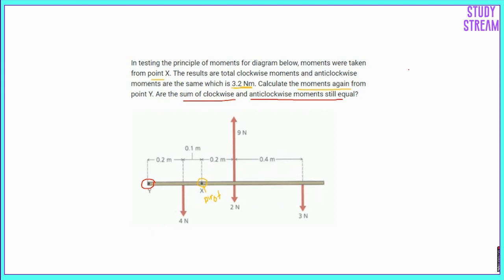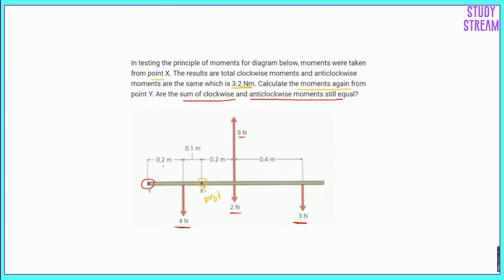We have to calculate the distance from y to the point where it is 3 Newton. Okay, so now which forces do you need when you take moment around y? You need the 4, right? The 4 is going to cause some rotation or turning. The 2 and the 9 and the 3. Okay.